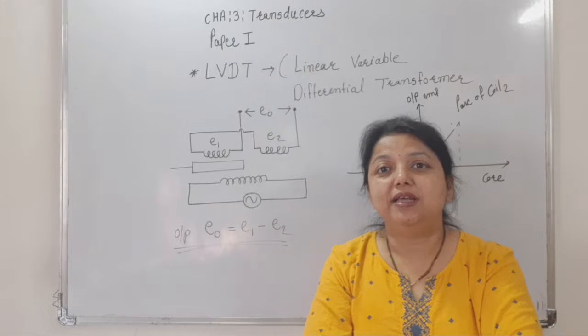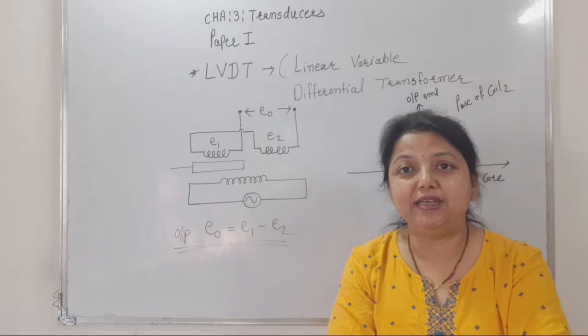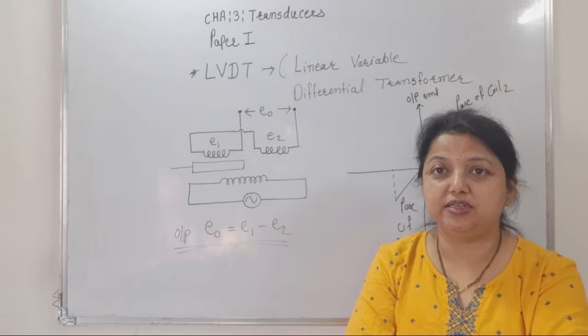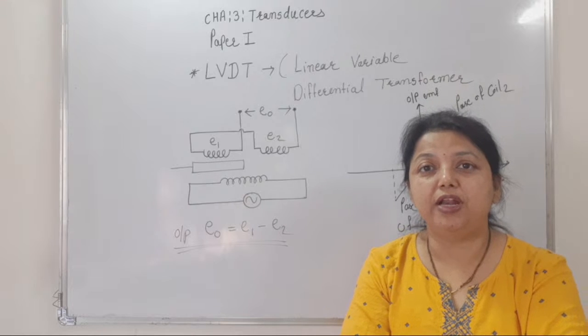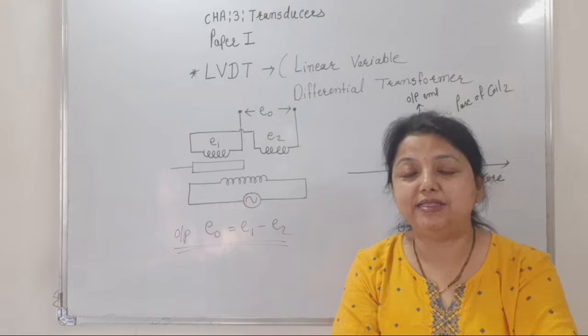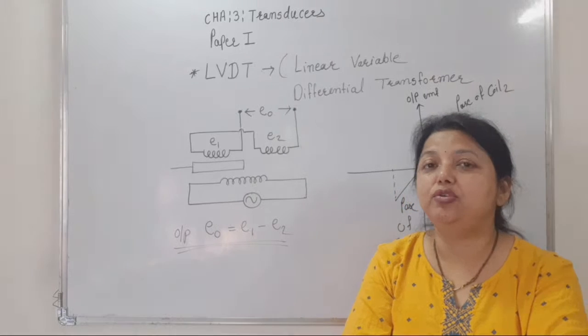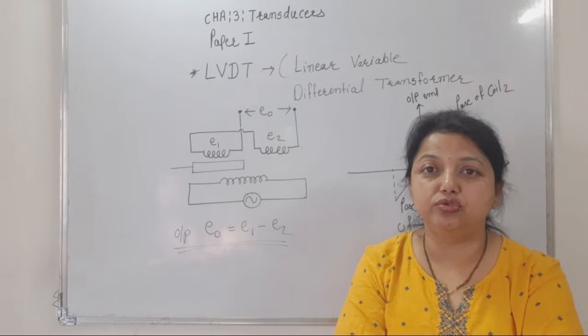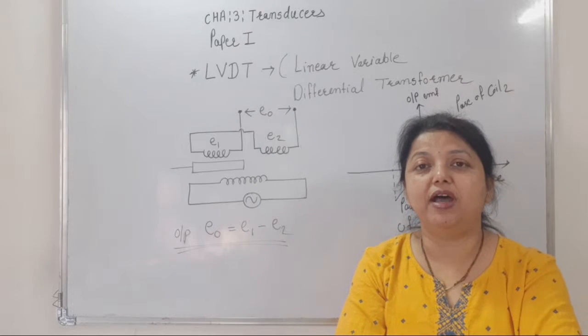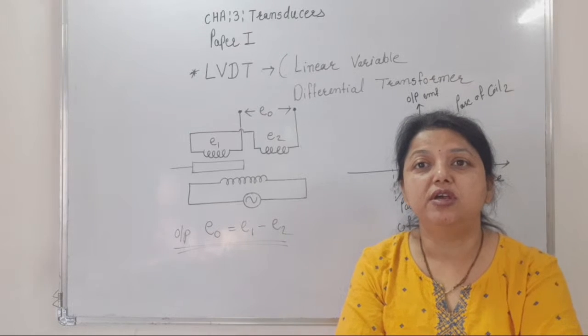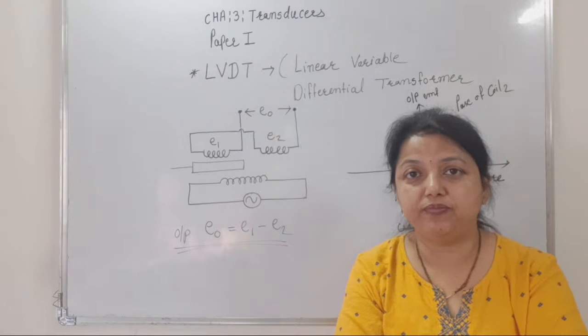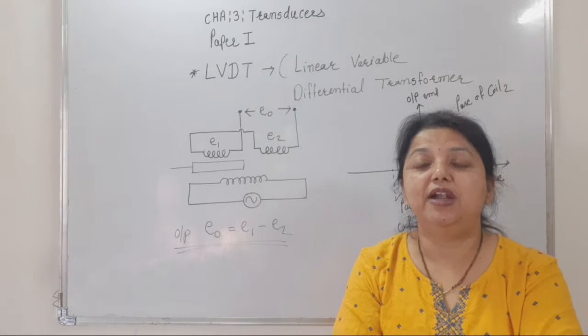There is linearity, a linear relation between input and output. It is a highly sensitive transducer. That is the second advantage. Third, you may say low power consumption. It does not require much power for its operation. That is also one of the advantages.